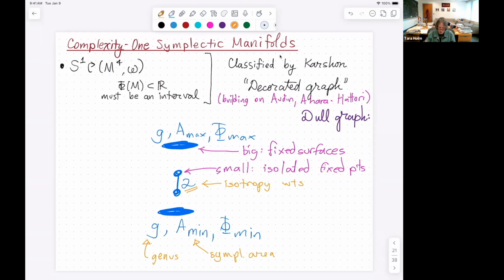And everywhere I should have momentum map labels. So if I want to reconstruct the manifold up to symplectomorphism, I need to be able to see those symplectic sizes. And that's the same in the toric case as being able to distinguish a little square from a big square.